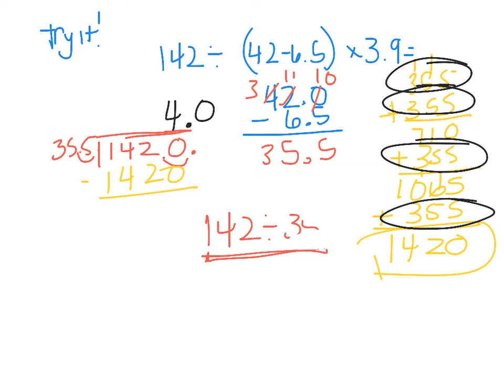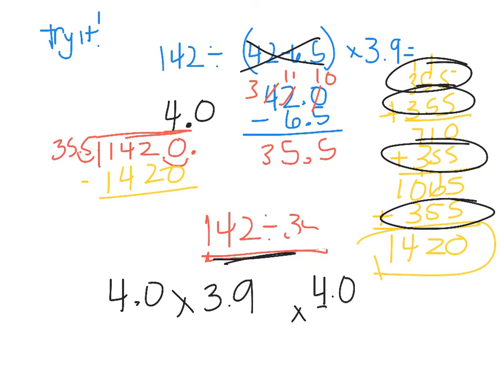Okay, now I erased this part down here, so I'm a little confused. That was 4.0, and then I already did this part, times 3.9 is what I have left. So I'm going to do 4.0 times 3.9. Hopefully I don't run out of room.